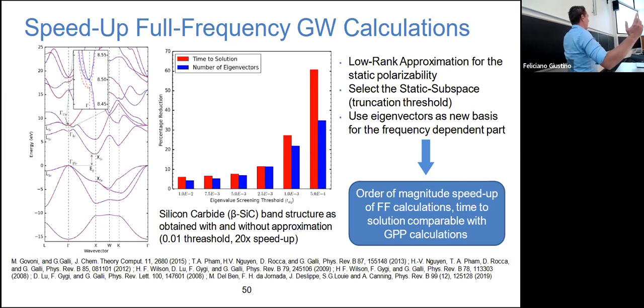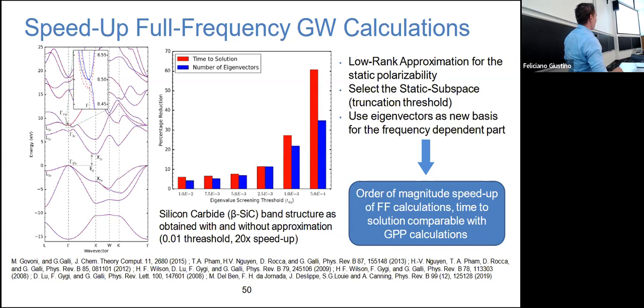If you increase the cutoff of the matrix, the fraction is going to increase, but if the threshold stays the same, the fraction stays the same. So the two things grow proportionally. So you can control the number of eigenvectors you use with the screening cutoff by using this threshold that allows you to select the eigenvalue and eigenvector pairs.